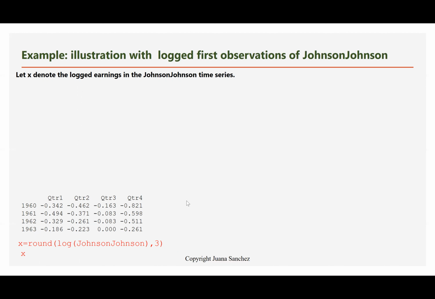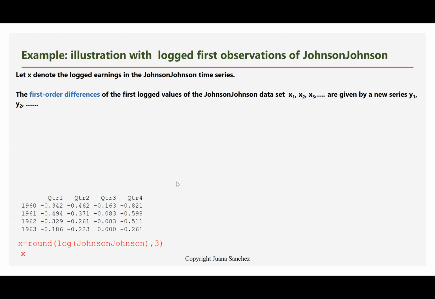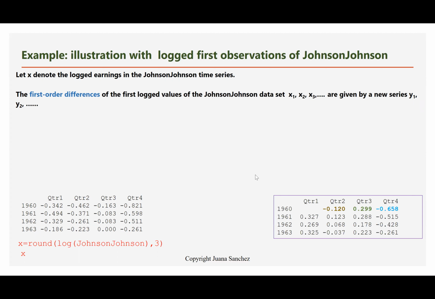So we have the Johnson-Johnson, and what we are going to do is take the first order difference of the log Johnson-Johnson. Okay, so if we denote the log Johnson-Johnson X, x1, x2, x3, the new series, the change in the log, is going to be the first regular difference.